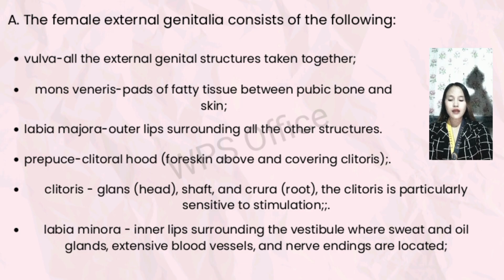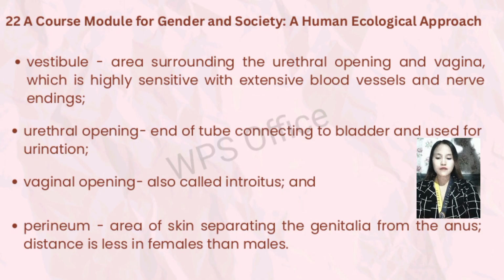Labia minora, inner lips surrounding the vestibule where sweat and oil glands, extensive blood vessels, and nerve endings are located. Vestibule, area surrounding the urethral opening and vagina, which is highly sensitive with extensive blood vessels and nerve endings.